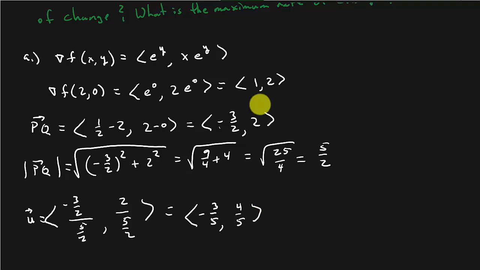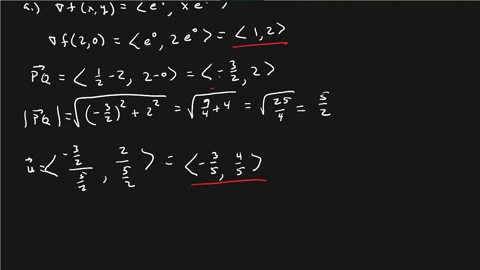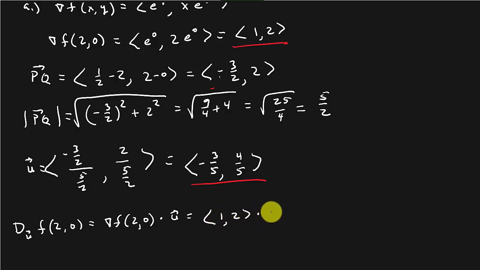So I'm going to need to use this vector and this vector. That's what I need, the dot product of those two. So the directional derivative of f at (2, 0) is the gradient of f at (2, 0) dot u, which is (1, 2) dot (-3/5, 4/5).